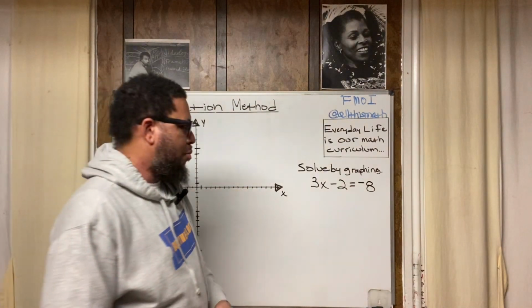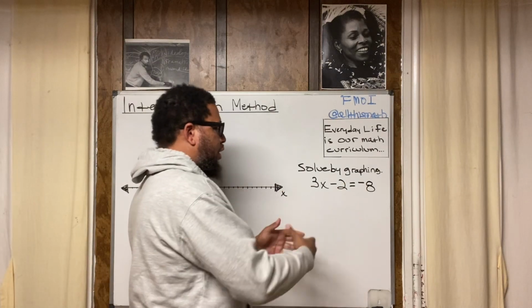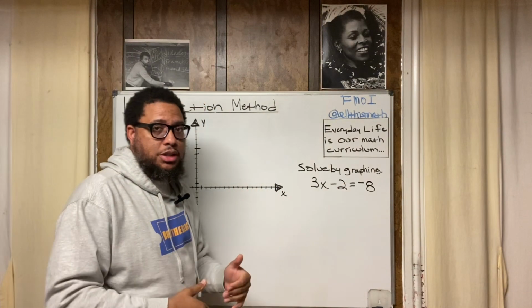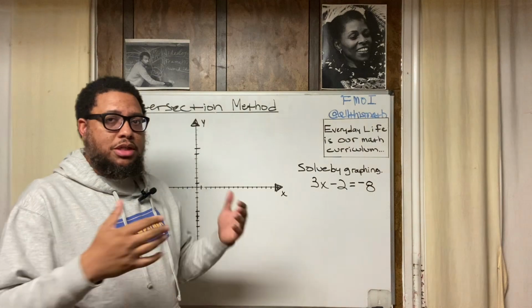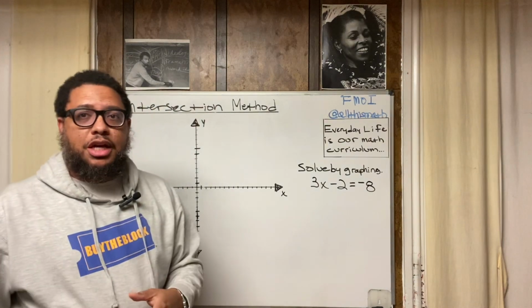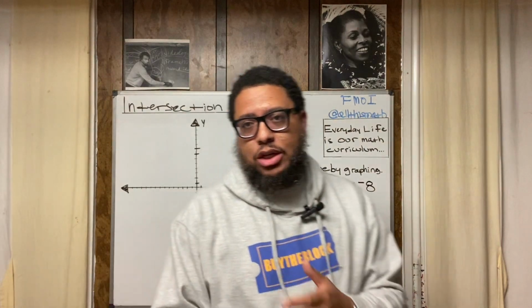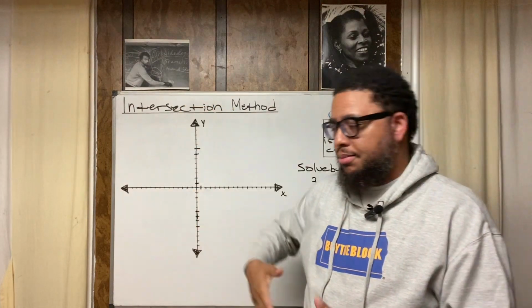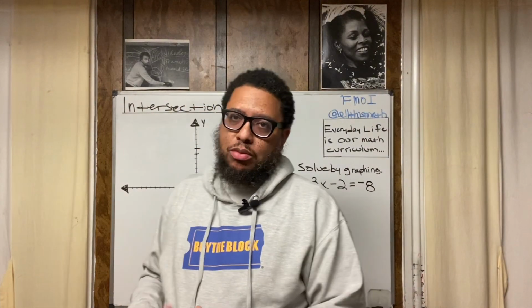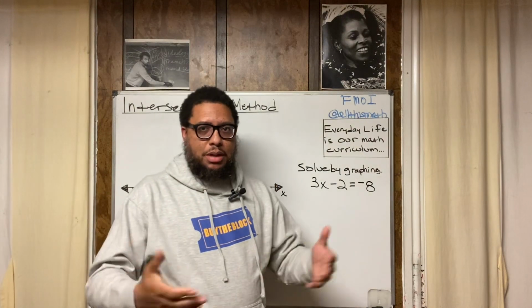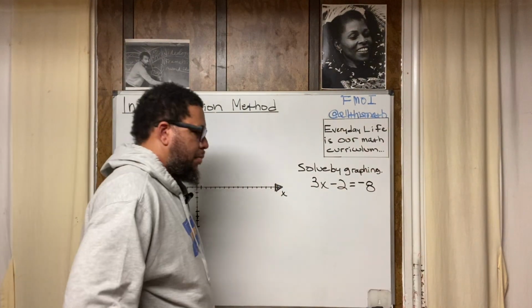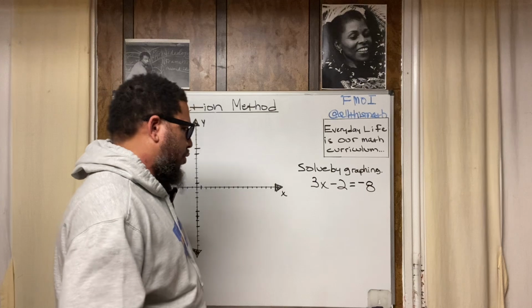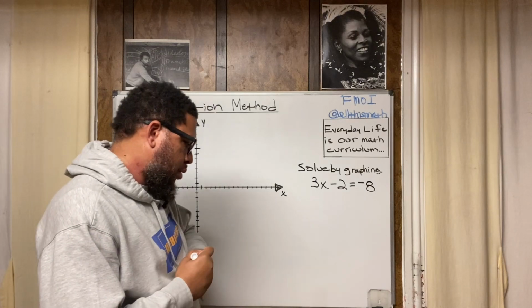We solve it by setting up two separate equations and then graphing each of those equations, graphing the lines that represent those equations. And then we look for the intersection point or the point where the two lines cross each other. And that's why some people call it the intersection method, you know? But I like to be a little more political with my terminology when I'm doing mathematics. All right, so at any rate, let's get into it.